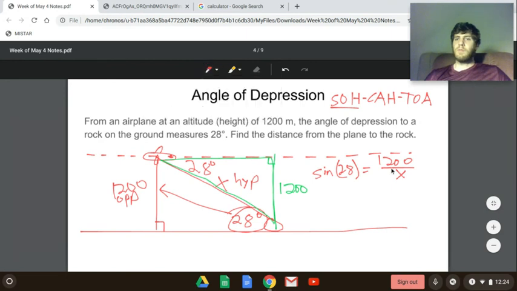Okay, so to solve for x, you got to get x by itself, so we need to multiply both sides by x. And then you end up with x times sine 28 equals 1,200. And then to get x by itself, we need to divide both sides by the sine of 28.